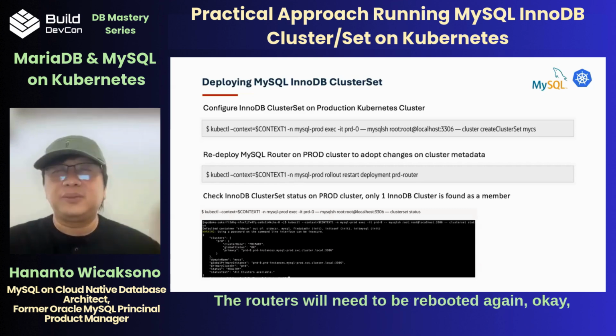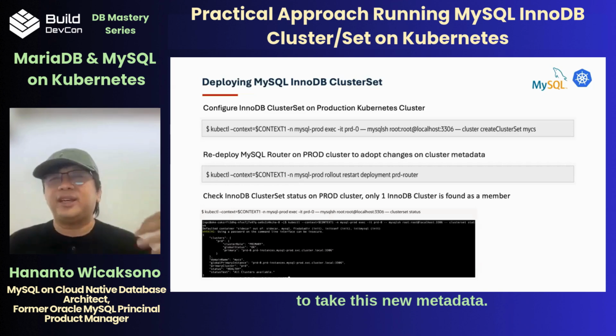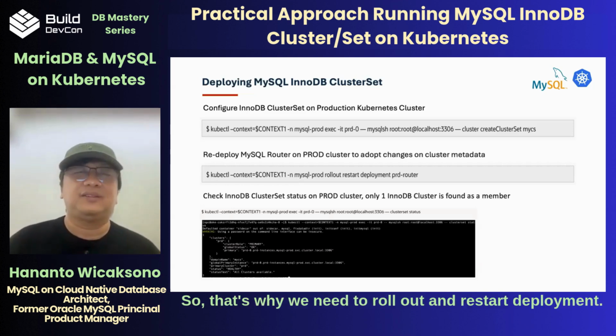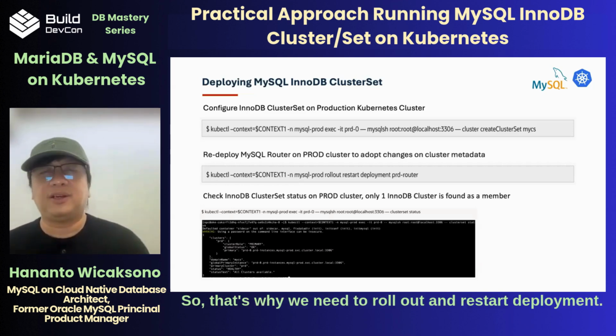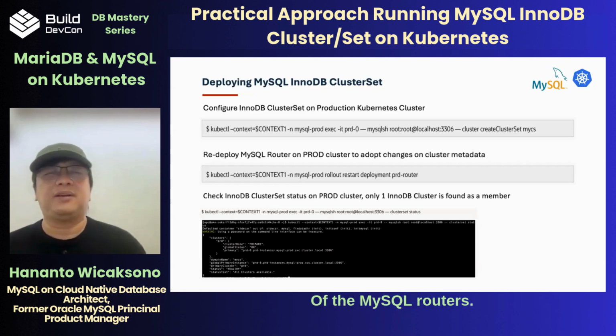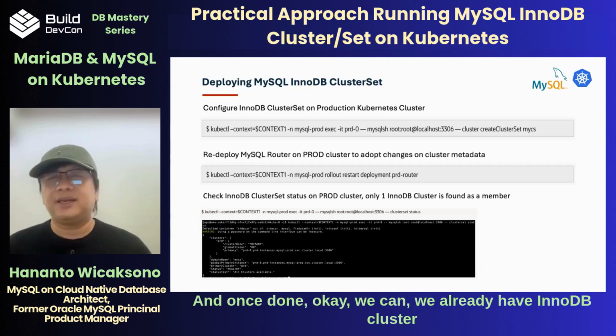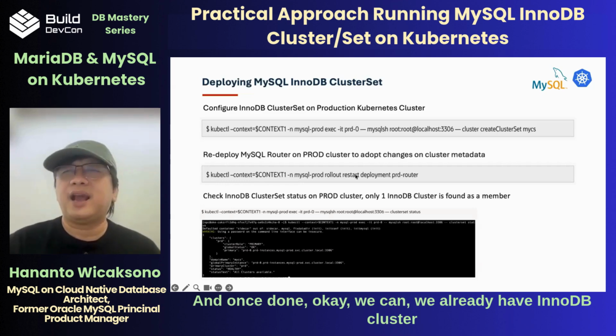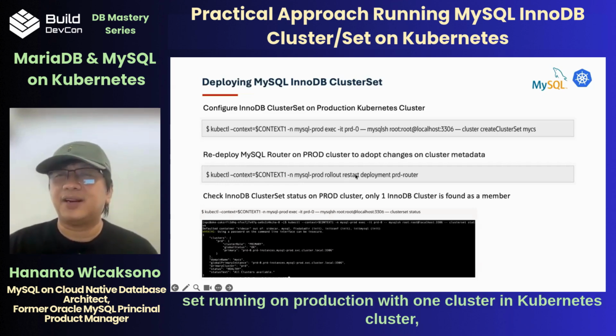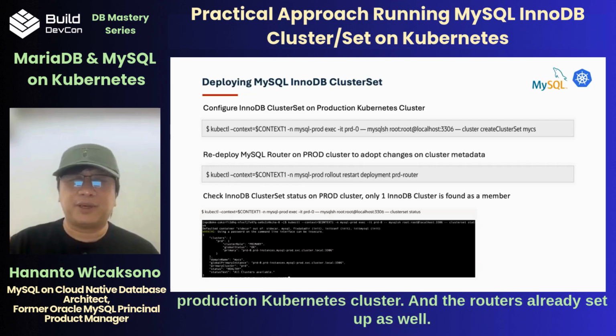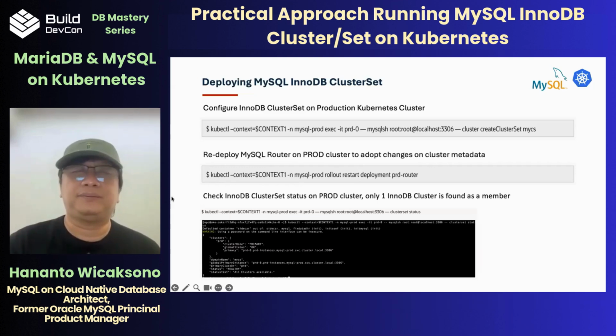The routers will need to be restarted to take this new metadata, so we need to roll out and restart the deployment of the MySQL routers. Once done, we already have an InnoDB cluster set running on the production Kubernetes cluster with one cluster, and routers already set up as well.